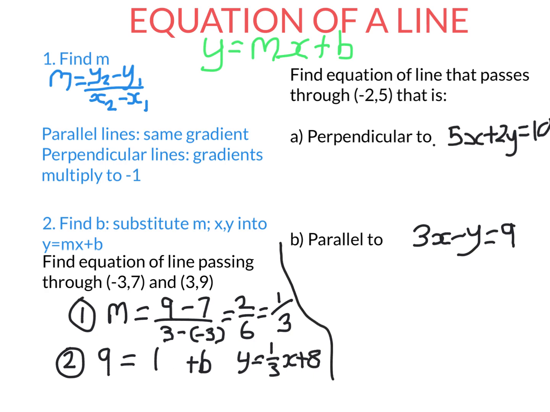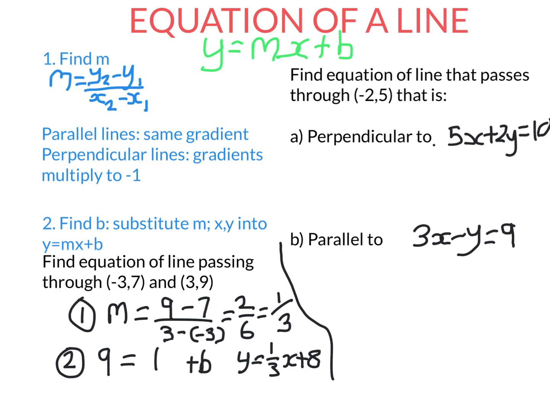So let's look at this one now. I'm finding the equation of a line that passes through (-2, 5) that is perpendicular to this line here. We know that perpendicular lines have gradients that multiply to -1. Well, what is the gradient of this line? That's not easy to read off. In order to find the gradient of this line, I need to make y the subject. It's only when you're in the form y equals mx plus b that the coefficient of x is the gradient.